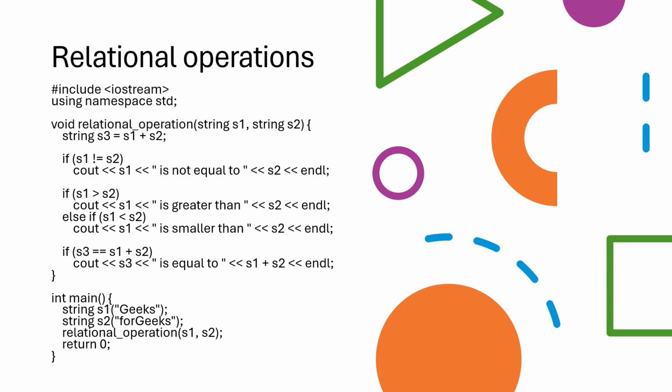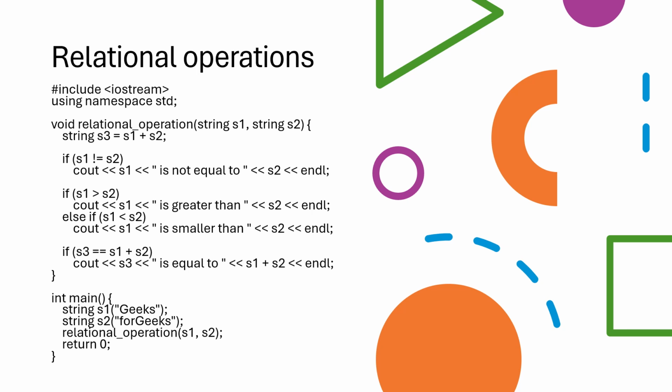After that, s1 is greater than s2. Here we compare both strings for the greater one, and in the else if statement we compare both strings for the smaller one. If s1 is smaller than s2, it displays with the cout statement. After that, in if s3 equal to s1 plus s2, we add both strings and check the equalities.